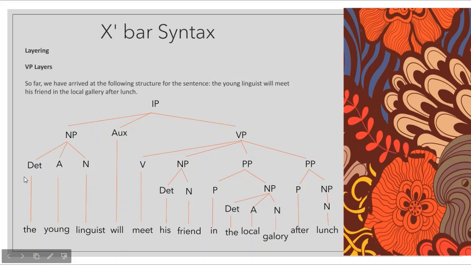So, using the PS rule, this sentence is structured this way. So we have this NP, then the auxiliary will, then meet his friend in the local gallery after lunch is all VP. Okay, so don't mind this node here.